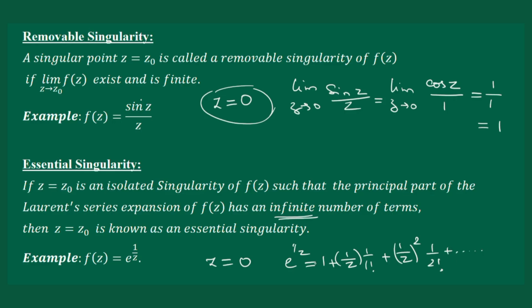The principal part of the Laurent series expansion means the negative powers of z. Here each and every term has z with a negative power, and it goes up to infinity. So the principal part of the Laurent series expansion contains an infinite number of terms, so we can say z equal to 0 is an essential singular point.